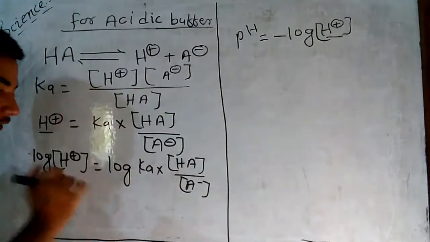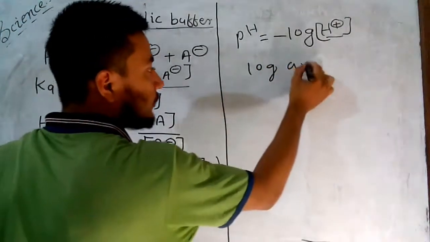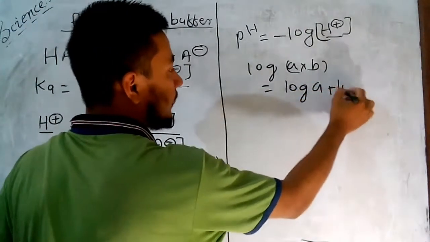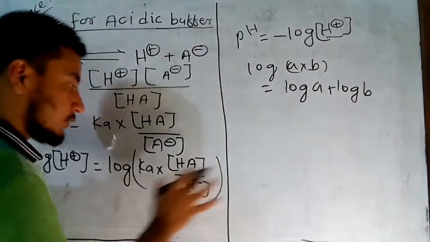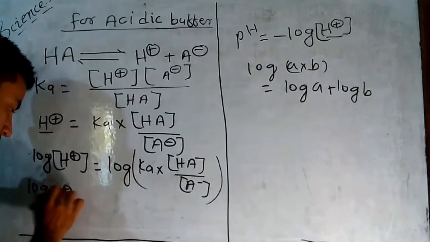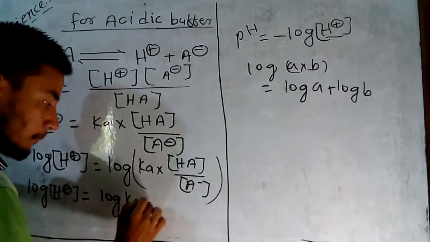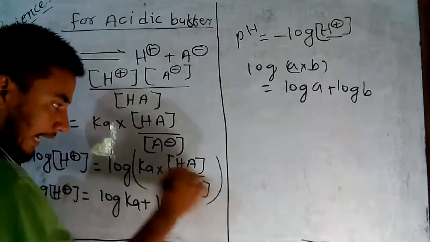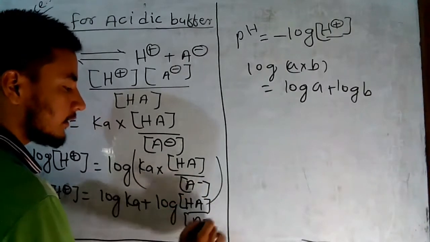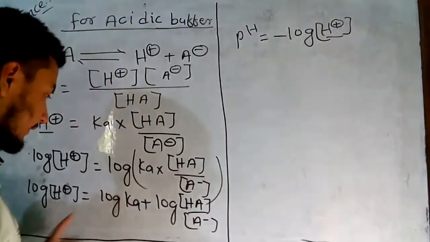If you remember the formula, log A into B equals log A plus log B, simple. So using this formula, log H plus equals log Ka plus log HA by A minus.